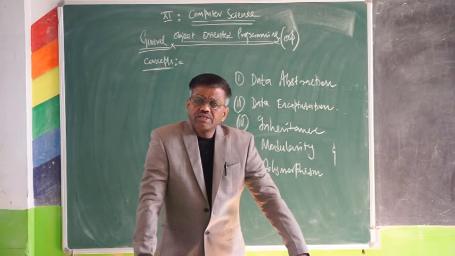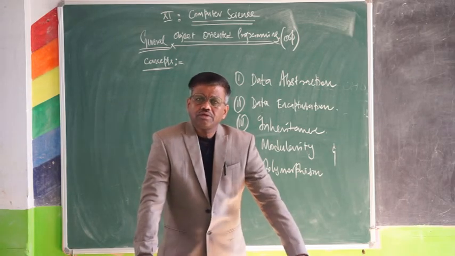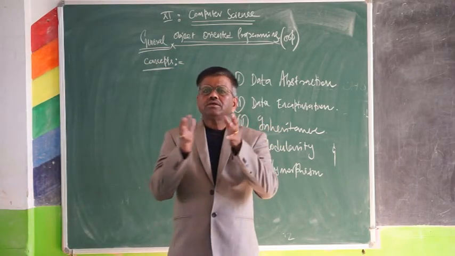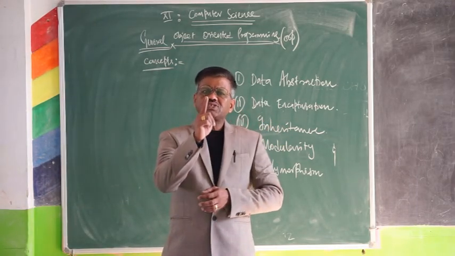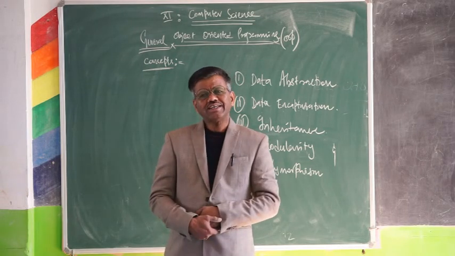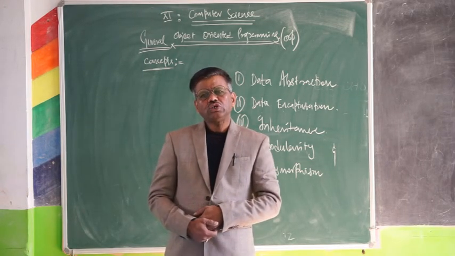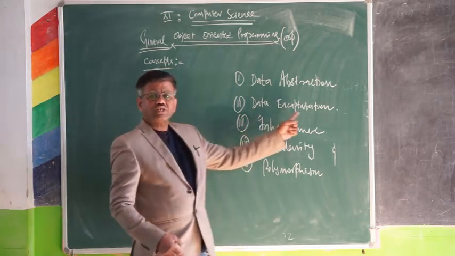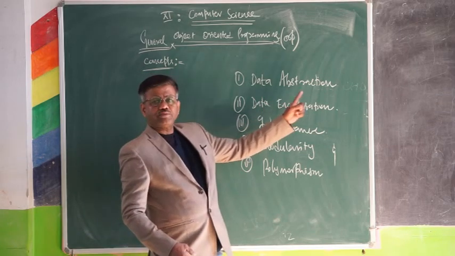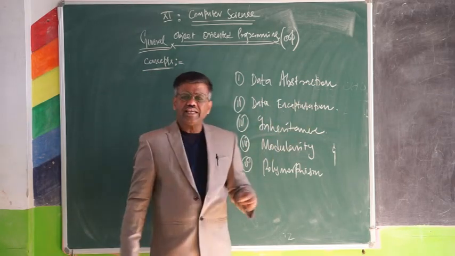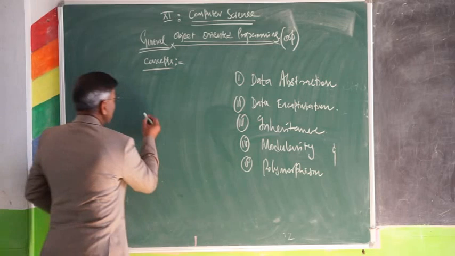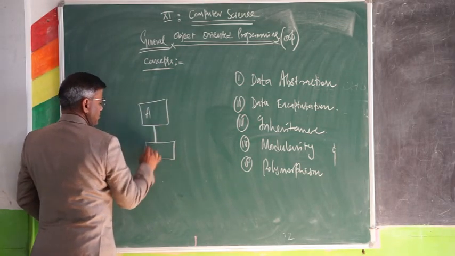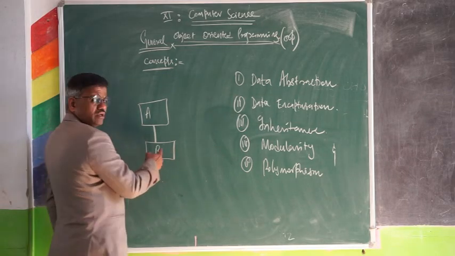Data encapsulation means the data and the programming are combined as a single unit. That single unit is called encapsulation. The other one is inheritance. As I told you, if we have a superclass, here we have a subclass.